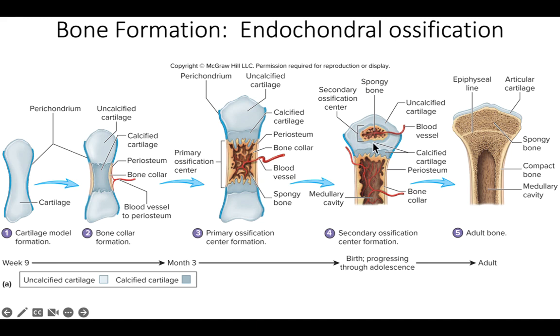And what that leaves is a little layer of cartilage here, which is going to be the epiphyseal plate or growth plate. So as long as you leave cartilage here, this bone will still be able to grow in length. Eventually, notice here is an adult bone, and there's no cartilage, and therefore it's called an epiphyseal line. All right? So this process here, where we form a bone from a cartilage model, is called endochondral ossification.